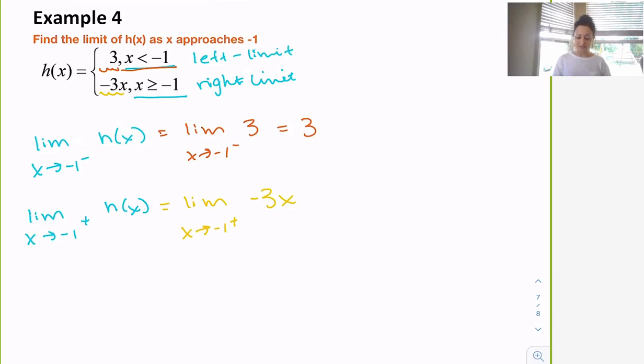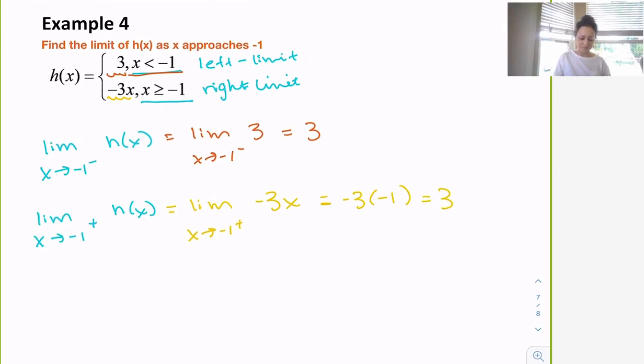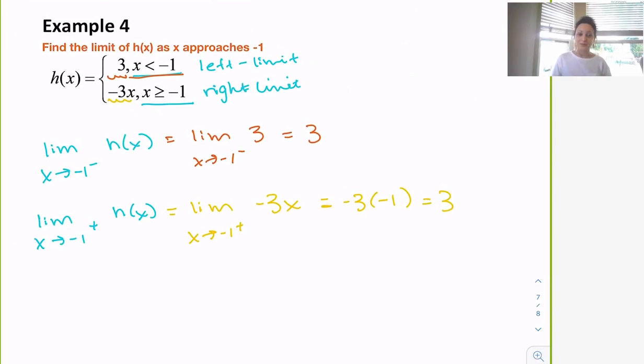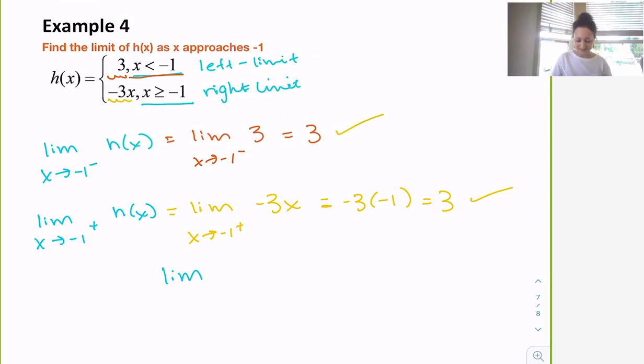So now I'm going to plug in -1 anywhere I see an x, so that's going to be -3 times -1, which is 3. Okay, so does the full limit exist? It does, right? Because the left and the right-hand limit are the same, but I had to check both. So the full limit, we can say the limit as x approaches -1 of h of x is indeed 3.